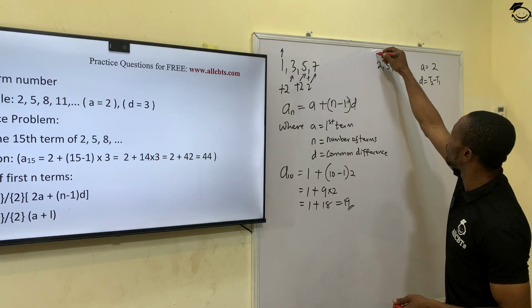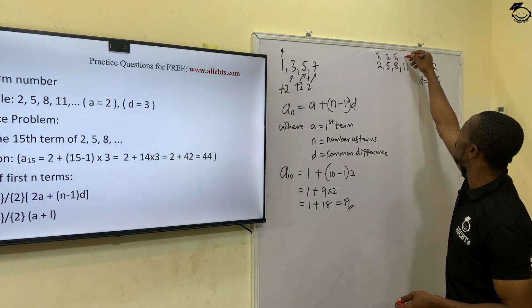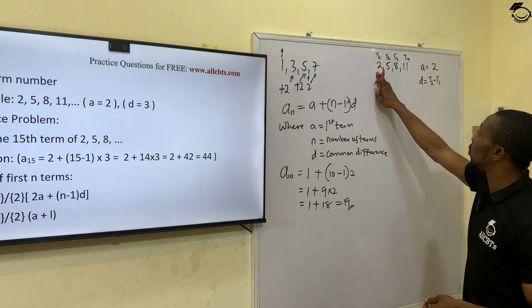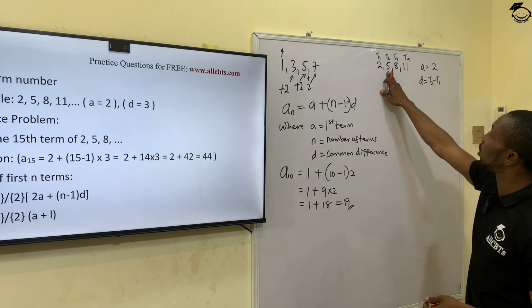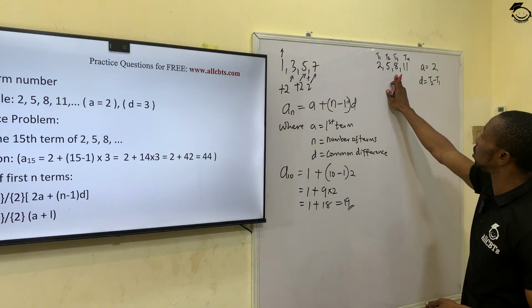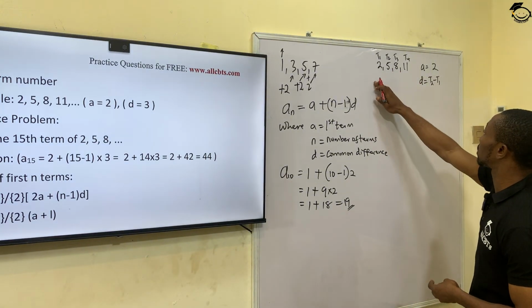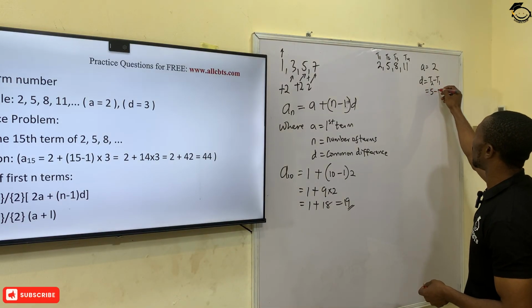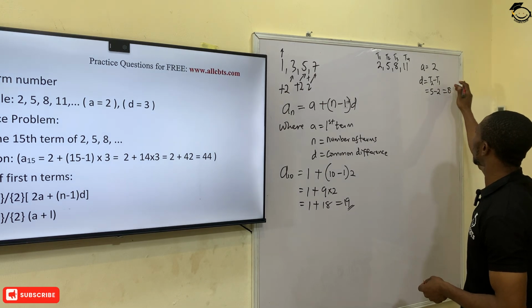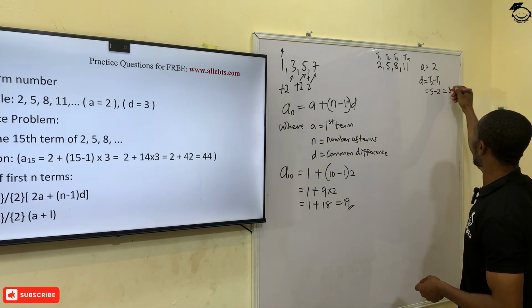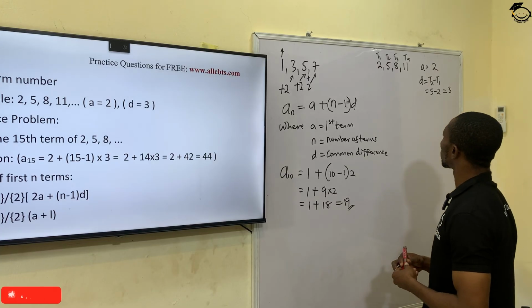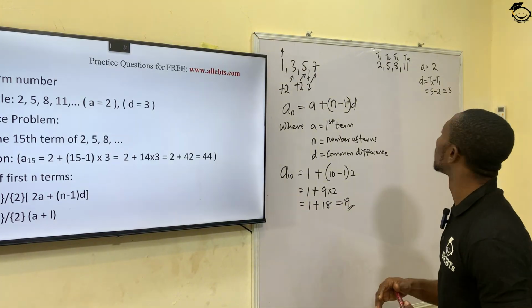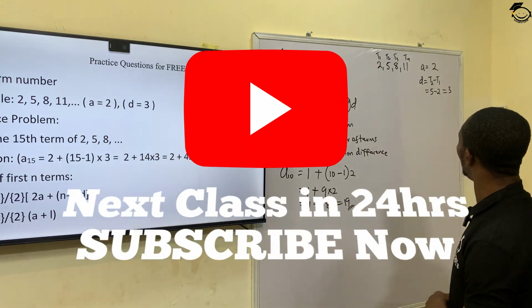These are T1, T2, T3, T4. Either we do T2 minus T1, or T3 minus T2, or T4 minus T3, so either way you get the same common difference. Here we have 5 minus 2, which gives us 3. So our common difference for this sequence would be 3.